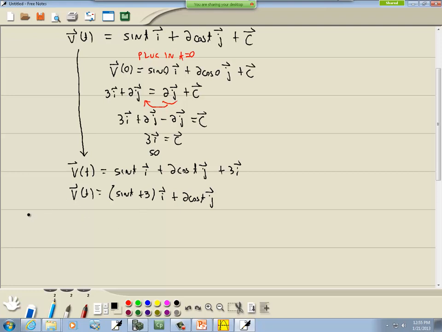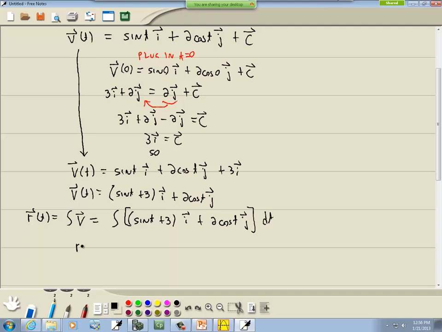We want to find our position vector. So r is equal to the integral of v, which will be the integral of (sine t plus 3)i plus 2 cosine t j dt.